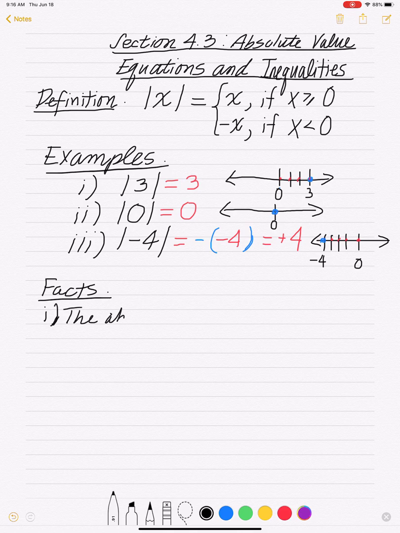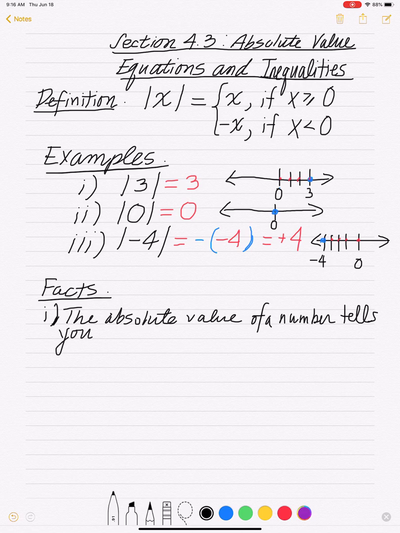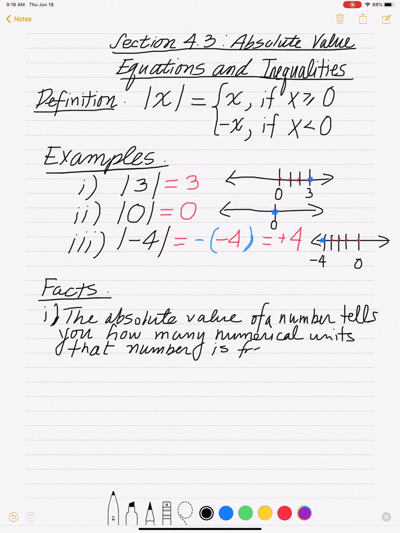The absolute value of a number tells you how many numerical units that number is from 0 on the number line. So it's kind of a distance from 0.